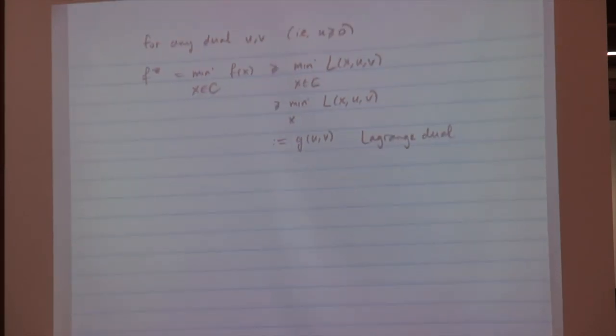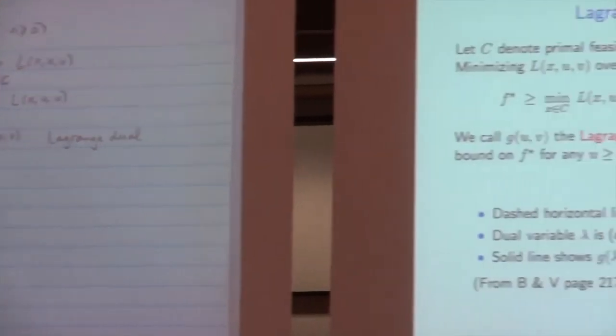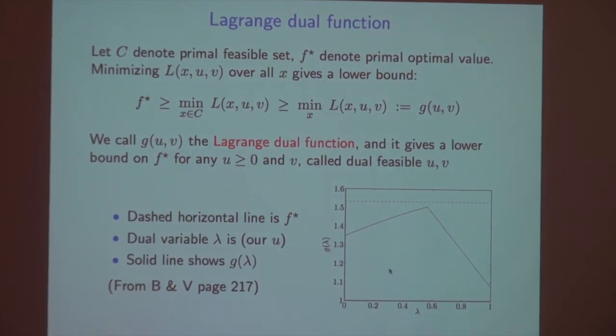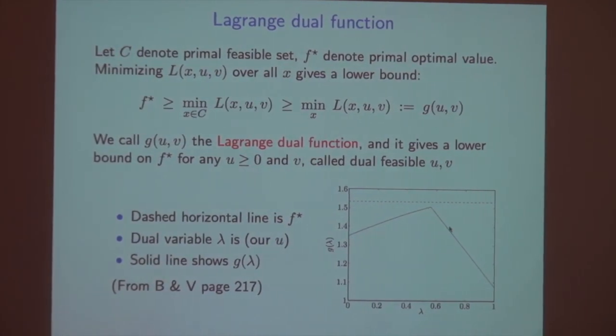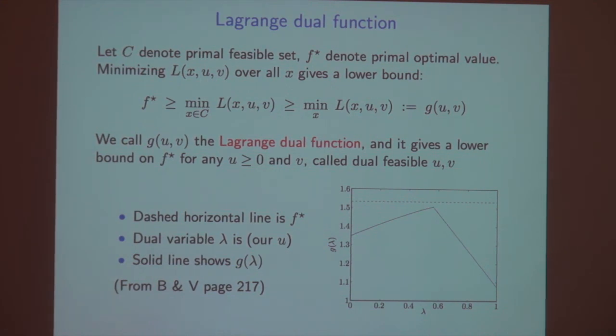Okay, so there's something curious about this picture. Suppose we were doing this in an example we cared about, we would have constructed the dual function, suppose it looked like this. To get the tightest lower bound possible, what am I going to do? I'll maximize g of lambda over all lambda bigger than or equal to 0. If we wanted to seek the tightest lower bound on the primal criterion value, that'd be something around here, at a dual variable of around 0.6 or slightly less.